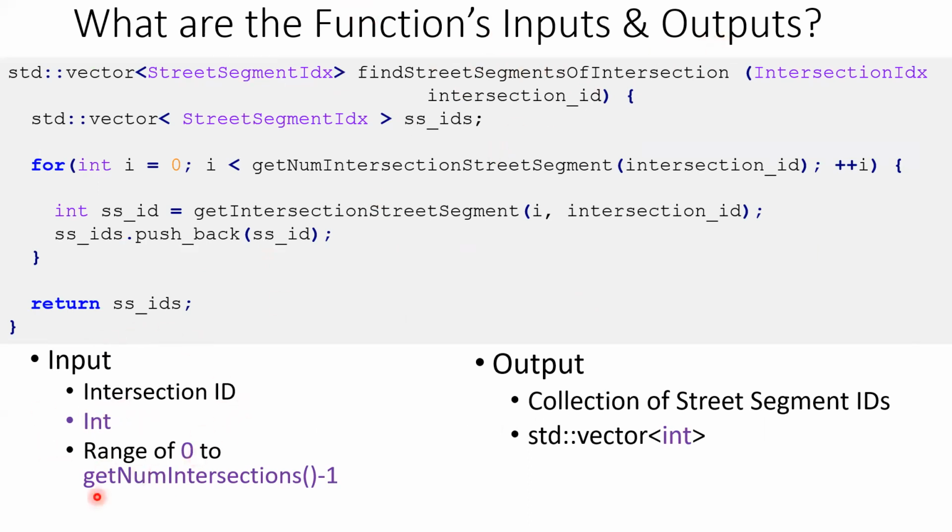The input is an integer intersection ID, which ranges from 0 to get num intersections minus 1. This is a continuous range. And we have an output of 3 segment IDs in a vector of integers.